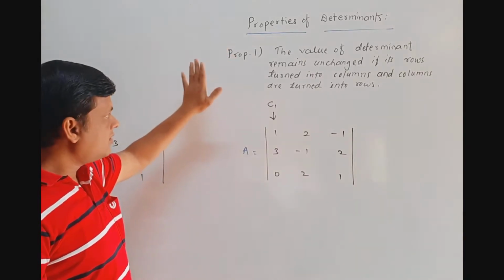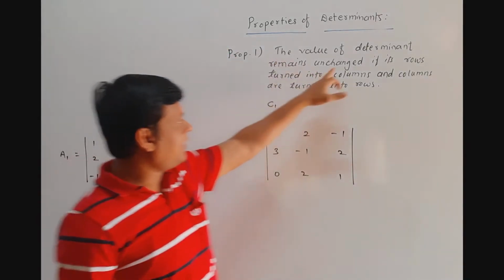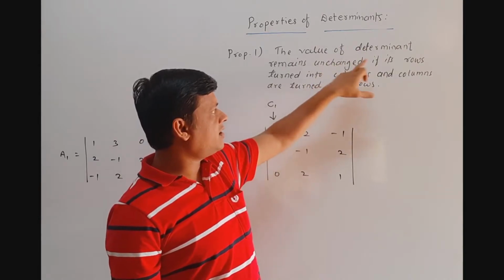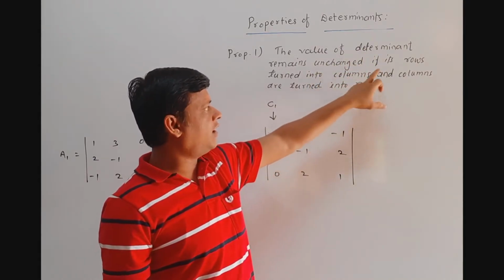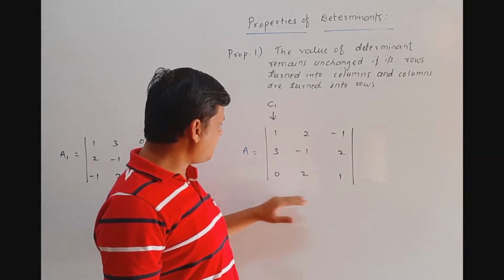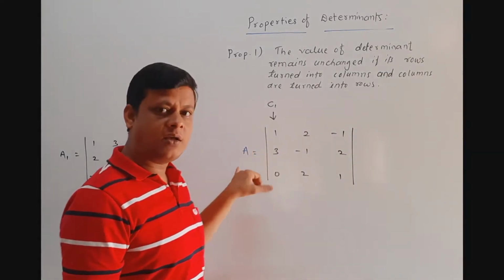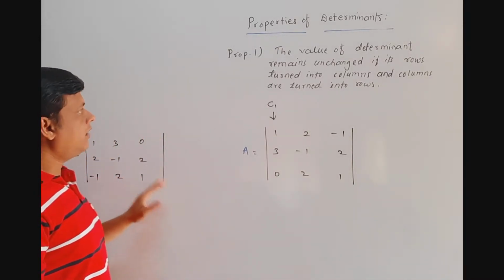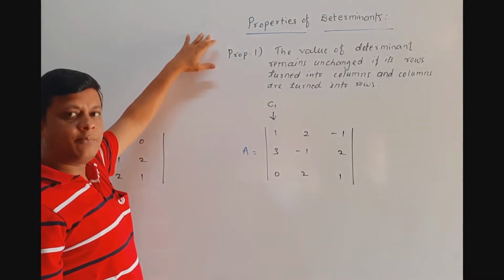So we state first property as the value of determinant remains unchanged if its rows turn into columns and columns are turned into rows. By expanding determinants A and A1, we verify property 1.